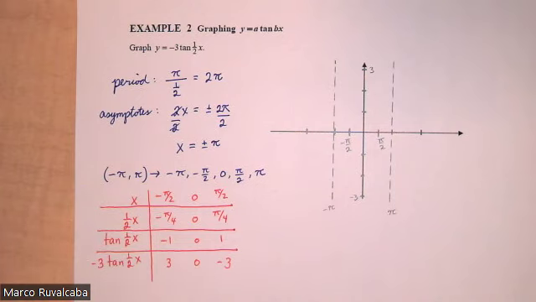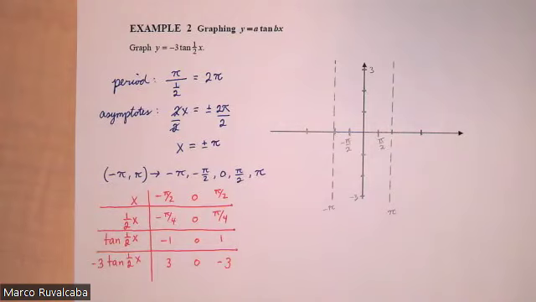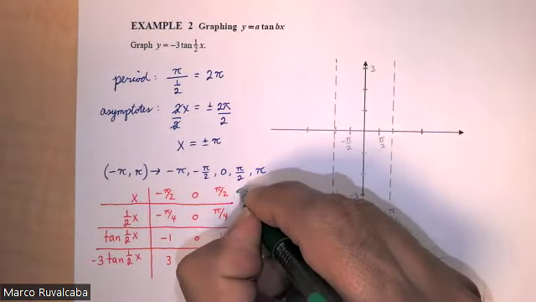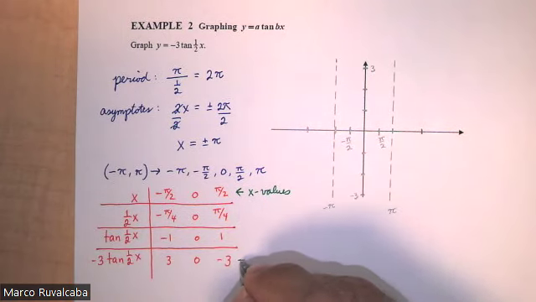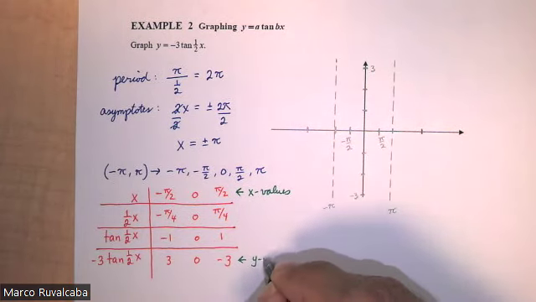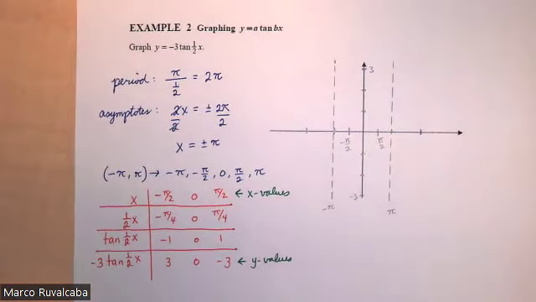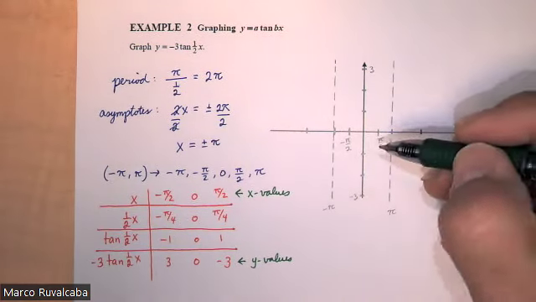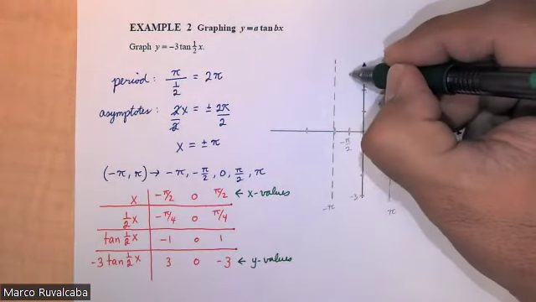Okay. And if I plot it now, again, these are my x values, and these are my y values. Okay. And so negative pi halves, +3 would be about right here.